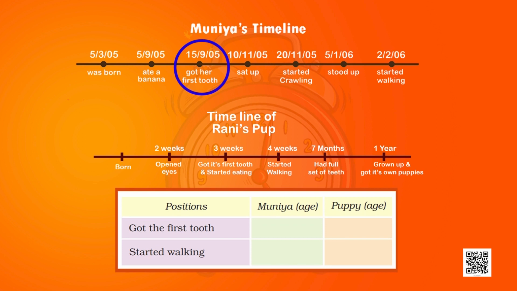Yes, when she was 6 months old. What about the puppy? Correct. When it was only 3 weeks old. That is not even 1 month, because in a month there are 4 weeks. Did you fill it in your table?